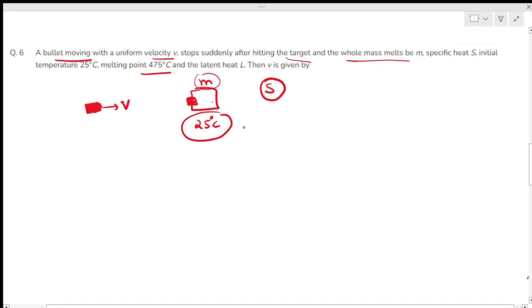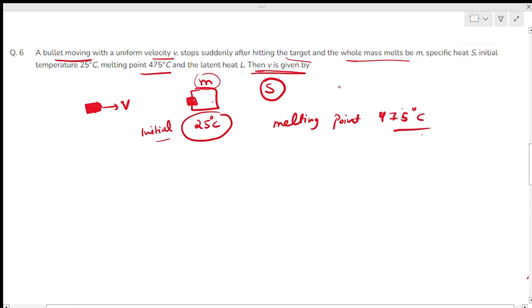The melting point, the point at which it melts, is 475 degrees centigrade, and the initial temperature is 25. You have to find the value of V.